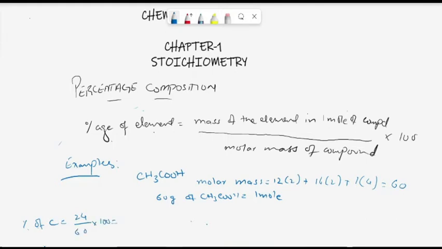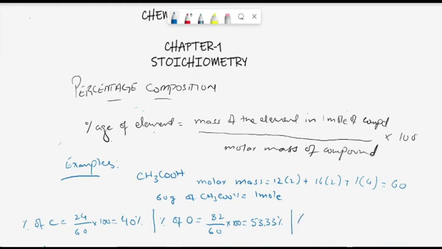This is equal to 40%. The percentage of oxygen would be, now 60 grams of acetic acid has 32 grams of oxygen. So 32 divided by 60 multiplied by 100 is equal to 53.33%.